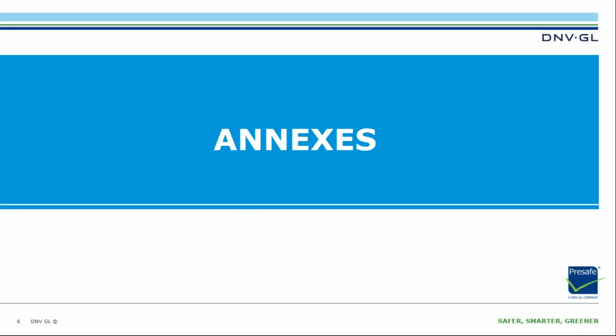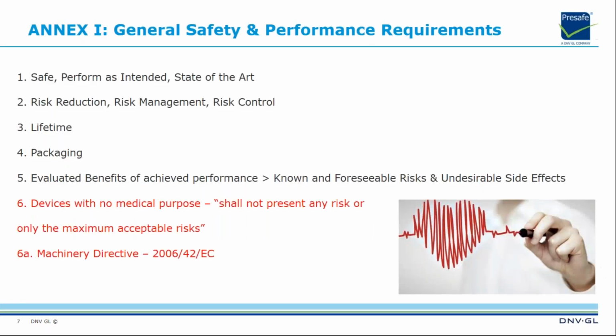I would like to explain these 17 annexes one by one and give you an overview of them. Annex 1 in this MDR is about general safety and performance requirements. It includes items such as perform as intended, state of the art, risk reduction, risk management, and risk control.